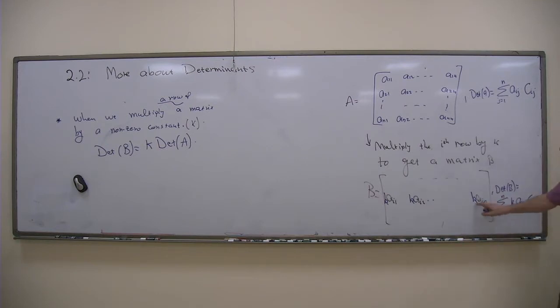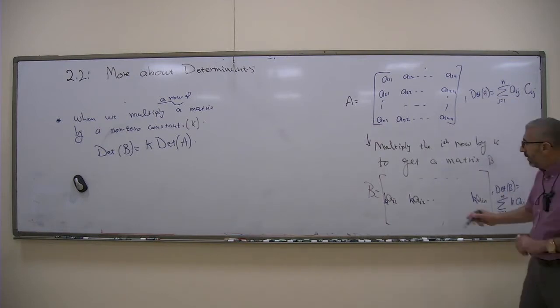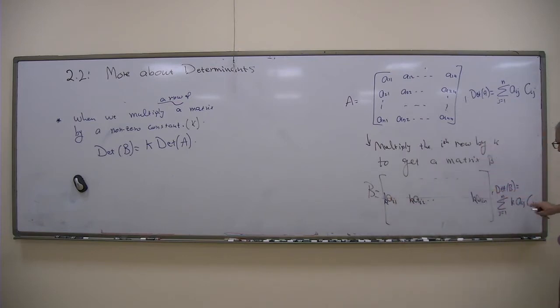Look here, k shows up in here. It doesn't show up in C_ij. Why? Because each time you evaluate C_ij, you are going to cover this row. So basically, k will not show up here. So this C_ij is the same as C_ij here. The only difference is k is showing up here. But you know from calculus 2, in the summation, you can take this k out, correct?